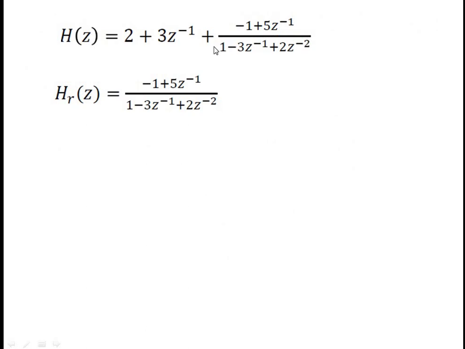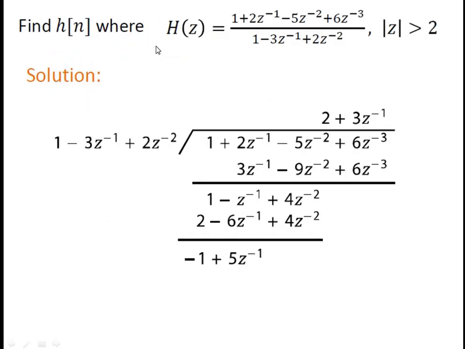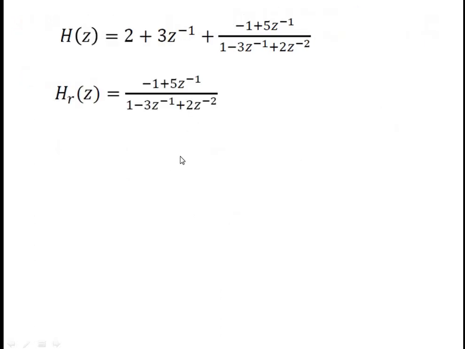We write it as an improper fraction: quotient plus remainder divided by dividend. So the quotient is 2 plus 3z inverse, plus -1 plus 5z inverse divided by the dividend.